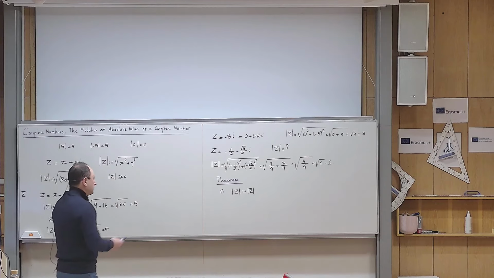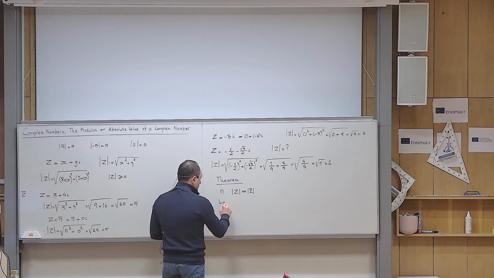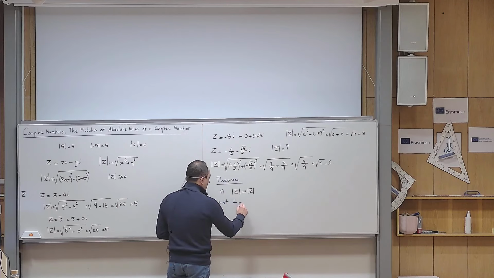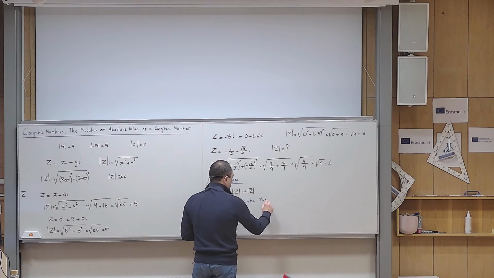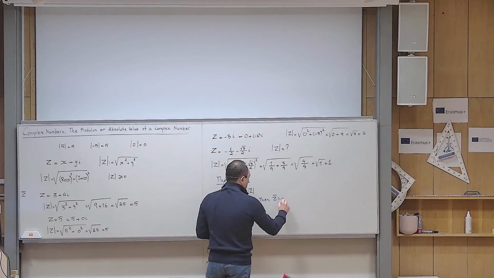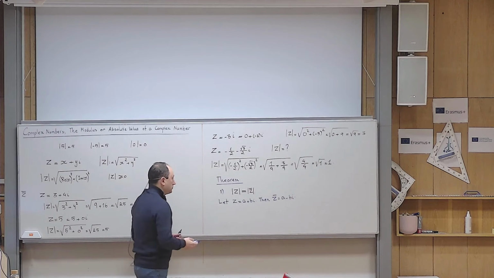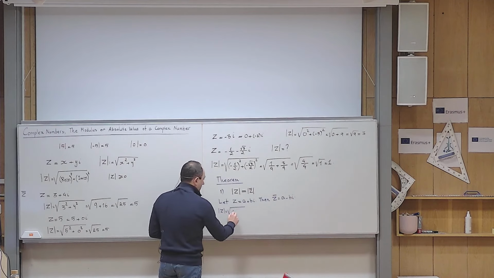Why? If you want to prove this as an exercise, you would say let z be equal to a plus bi, then z bar becomes what? a minus bi. So what do I have now? The absolute value of z is the square root of a squared plus b squared.